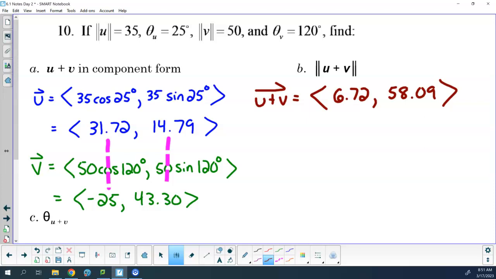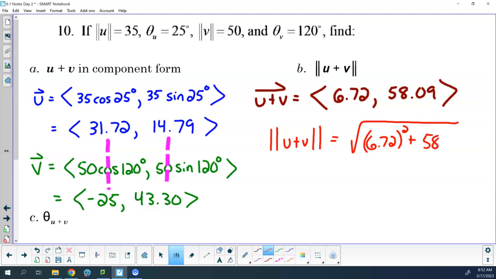Then we need to find the magnitude of u plus v. Well, the magnitude of u plus v is going to be 6.72 squared plus 58.09 squared, and then take the square root of that.